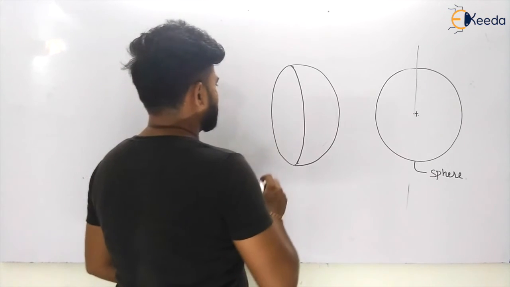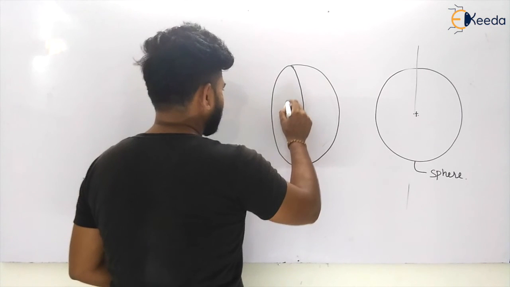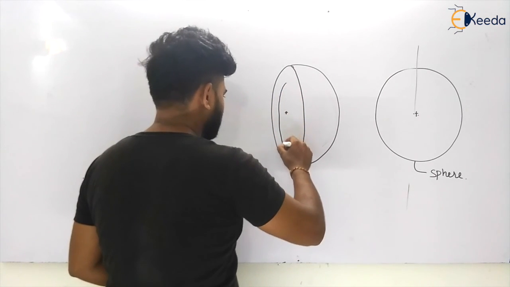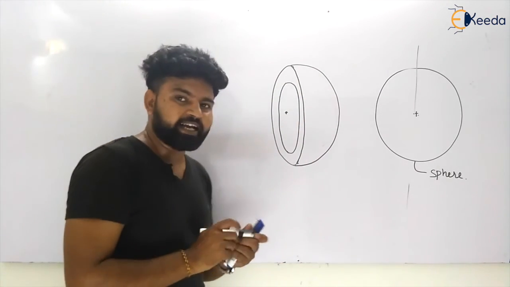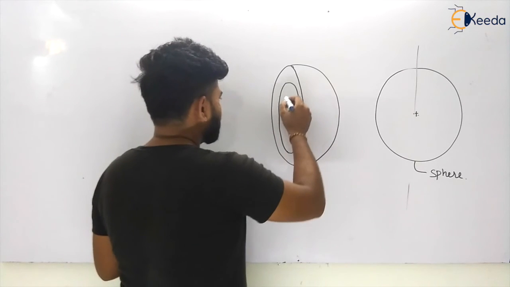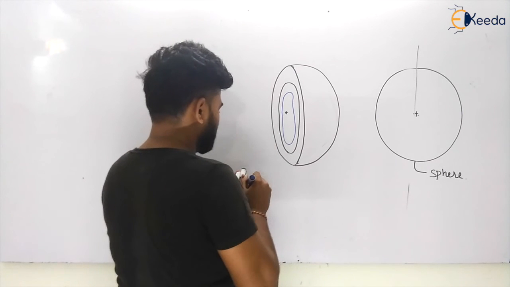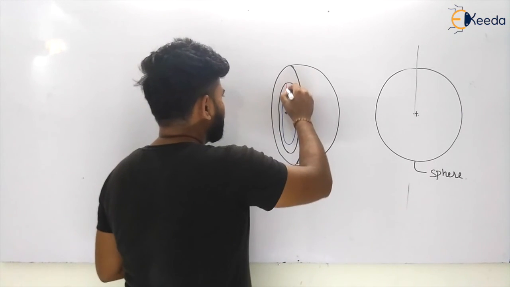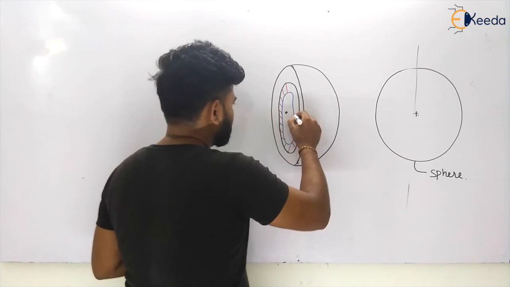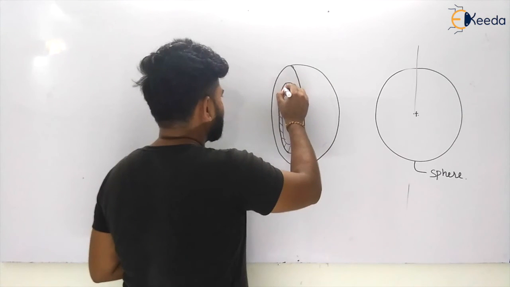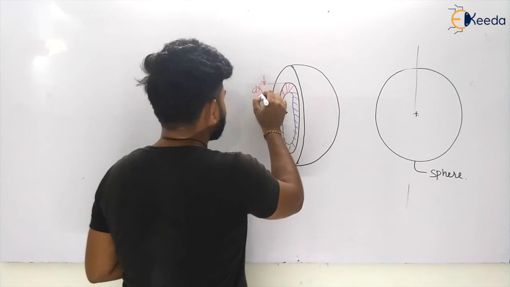So what I will do, my dear students, is take an element inside this from the center. I am considering an element in which there can be heat transfer by conduction. Let us say this is your element, my dear students. Let us analyze how. Let us say this is your element of thickness dr, my dear students.